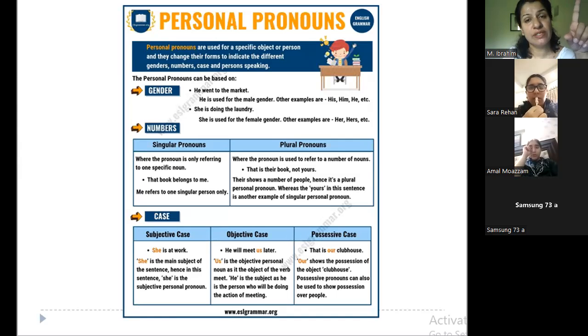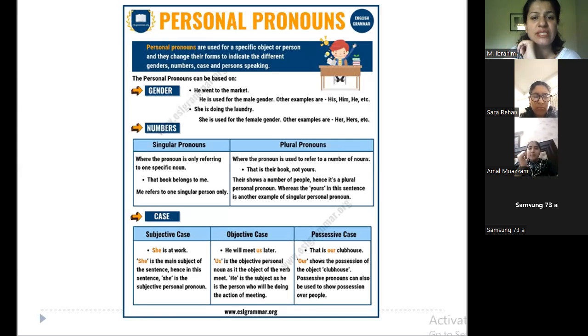If it is one person, I'm going to say I am teaching her. If I am talking about more than one girl, I will say I am teaching them. Okay? The case is, as you can see in the examples as well, whether the noun is being used as a subject, as an object, or an indirect object, or it is showing possession.